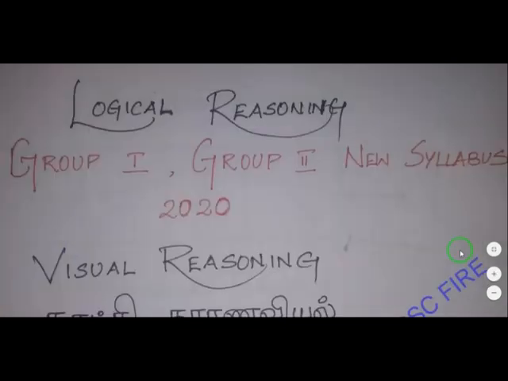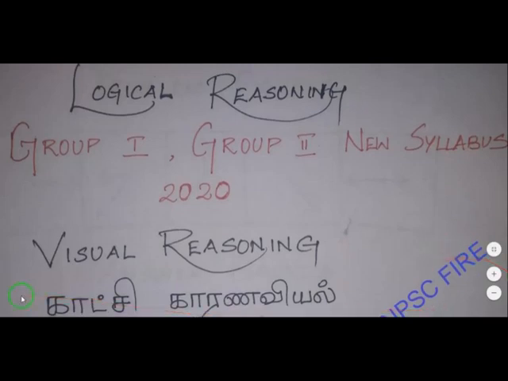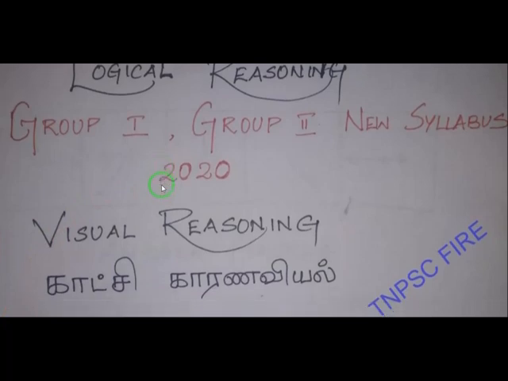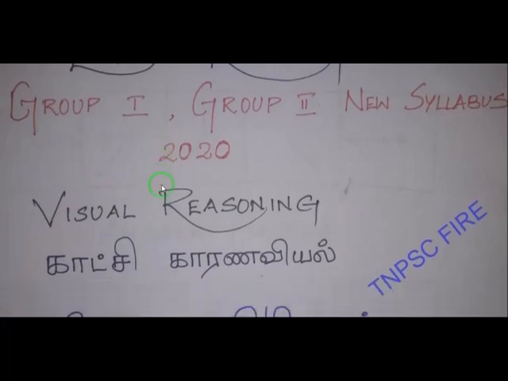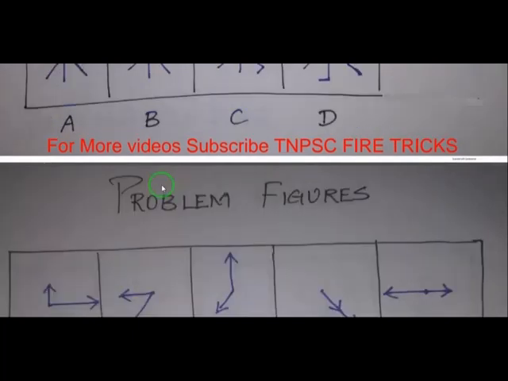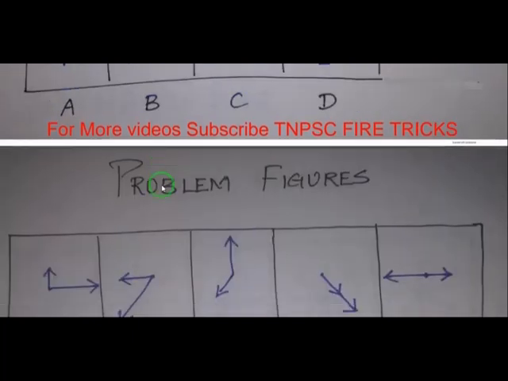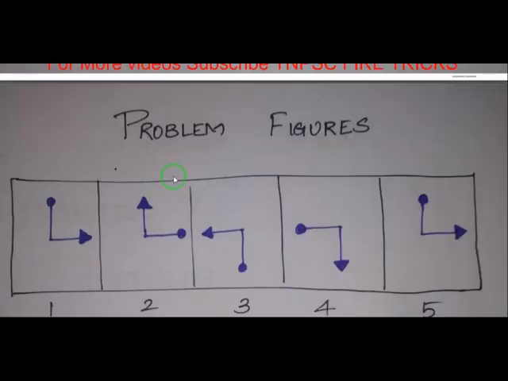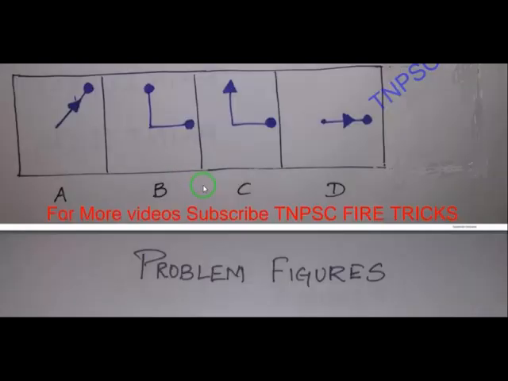Which one is the answer? Here is the answer. 4 is the answer for this question, that is arrow question. Four is the answer for this arrow question.